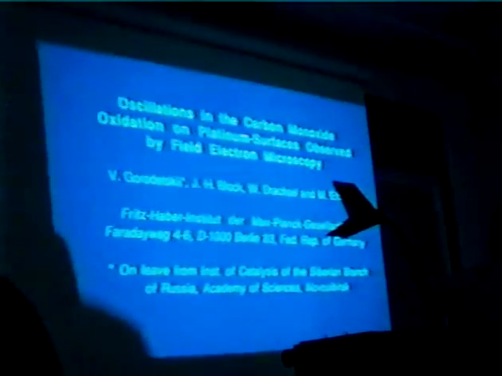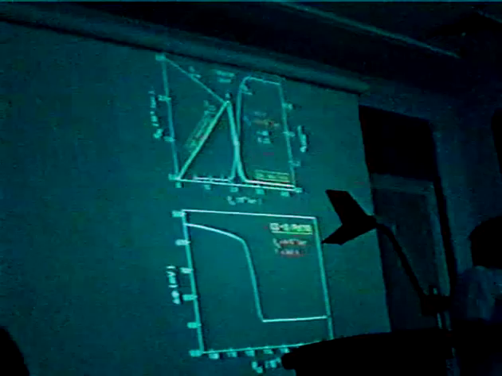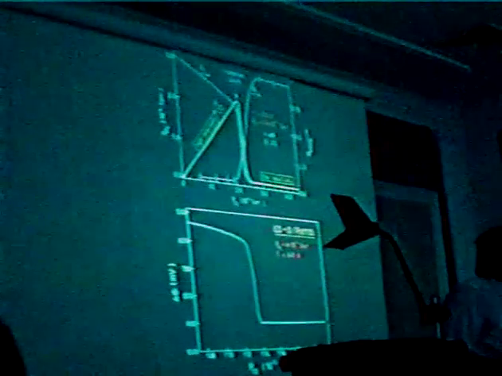Another possibility to look into the surface specifics of reactions is to do field electron emission work. Could I have the next slide? Here, this is the oscillation of the carbon monoxide oxidation on the platinum surface.